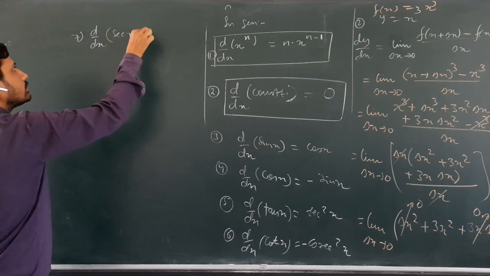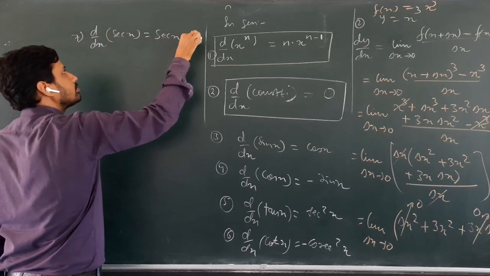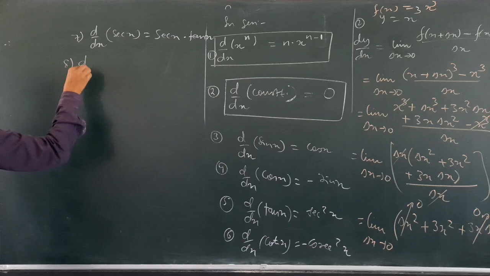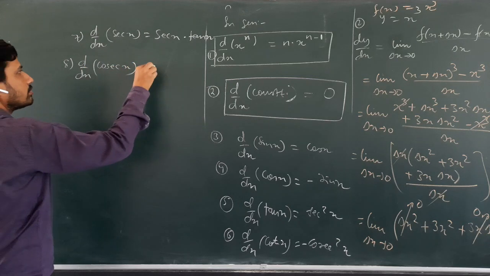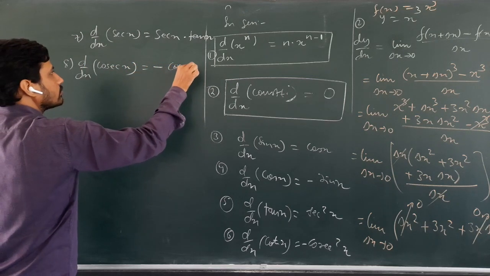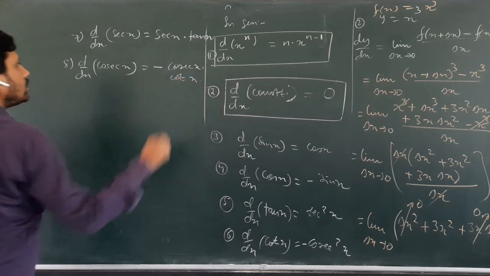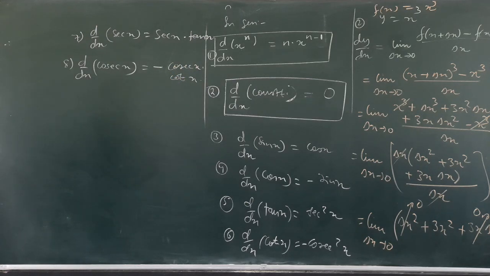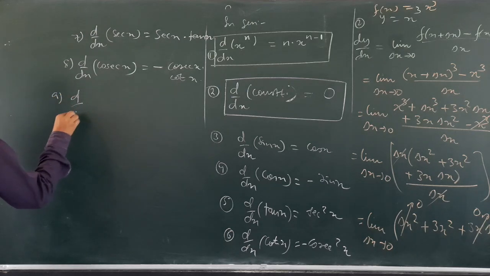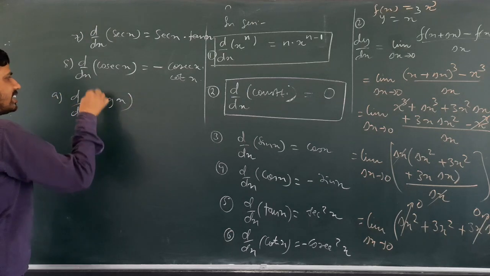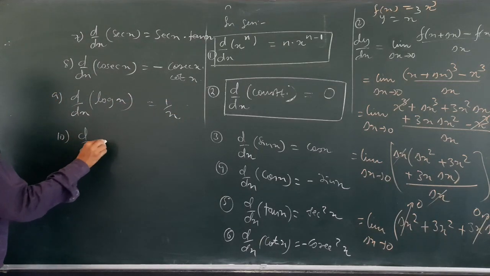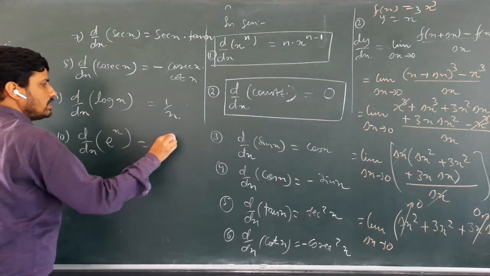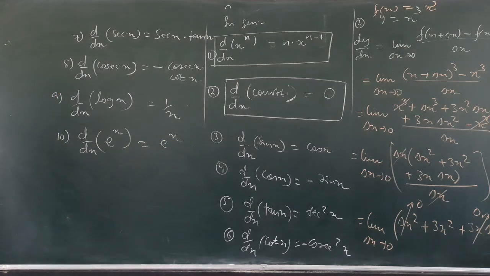Sec x, and then we have cosec x. So these are some of the trigonometric relations. Then we have some more. Derivative of log x, ln x, is 1 by x. Derivative of e to the power x is e to the power x. I think this much is more than sufficient.